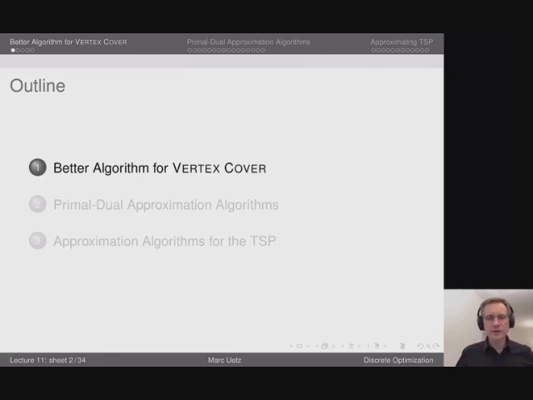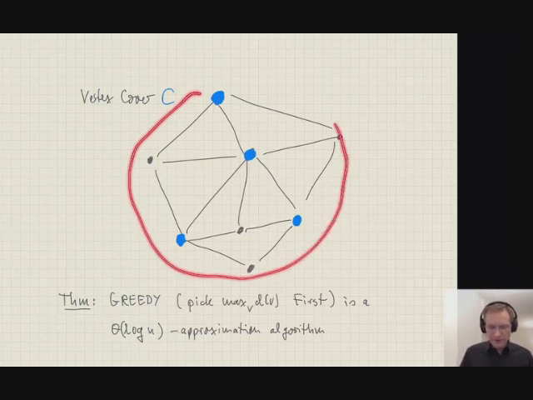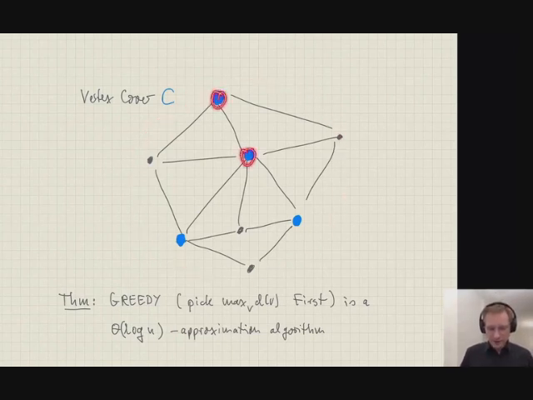And as a start, we are going to come back to the vertex cover problem that we already discussed extensively in the last lecture. Okay, so let me first remind you what the vertex cover problem actually is. We are given an undirected graph and have to select a subset of the vertices, here this blue subset of vertices, such that all the edges of the graph are covered by these vertices.